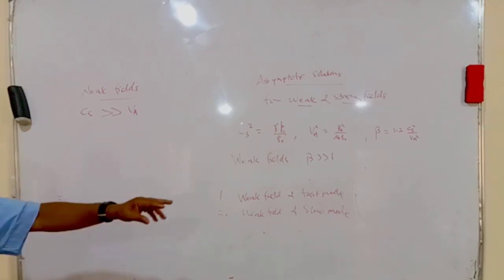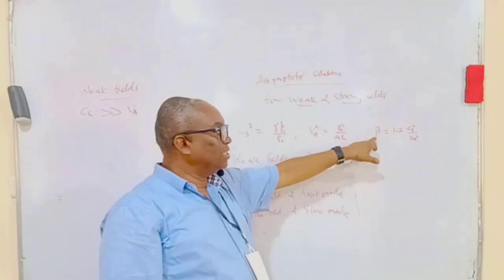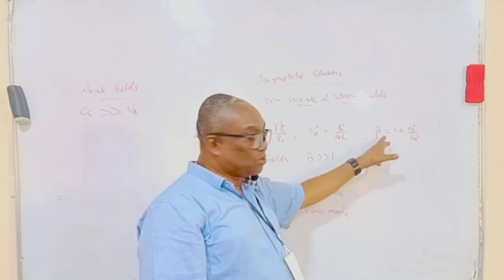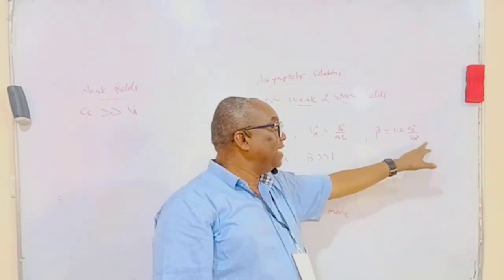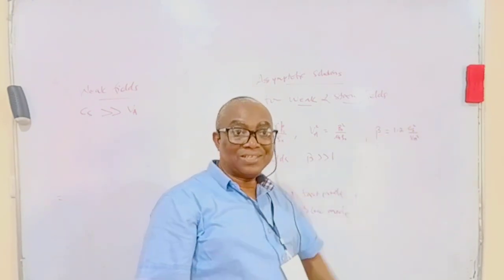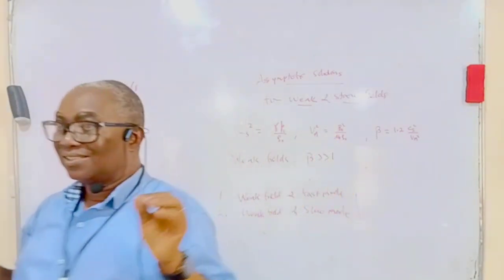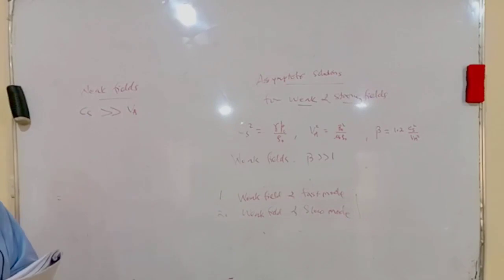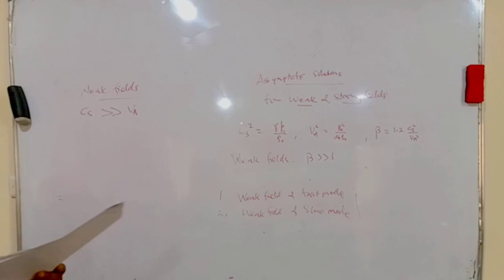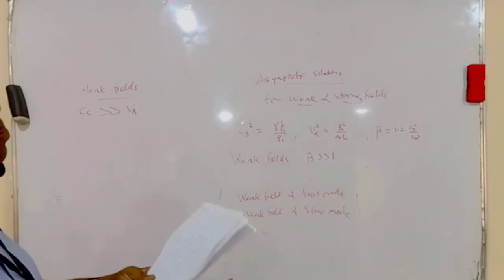Because if you look at beta, if this one is far greater, then this will be far greater than 1. If this is higher, then this will be less than 1, isn't it? So you see, that is one simple analysis. So let us look at equations 5.3.1 and then 5.3.2.